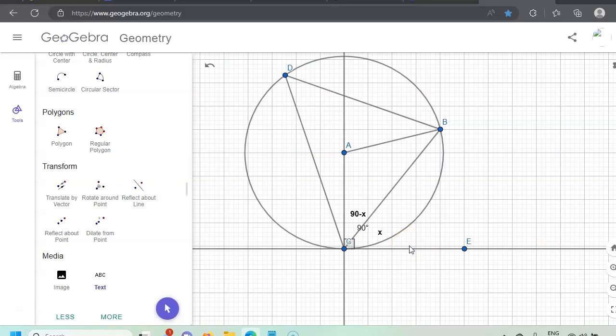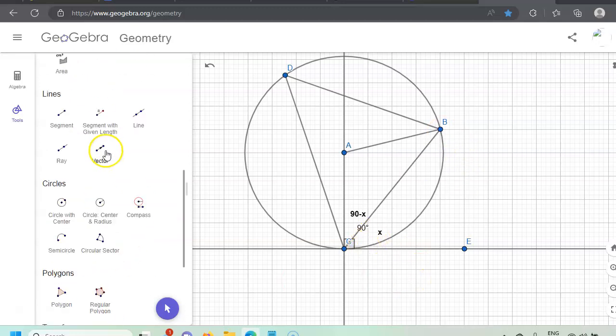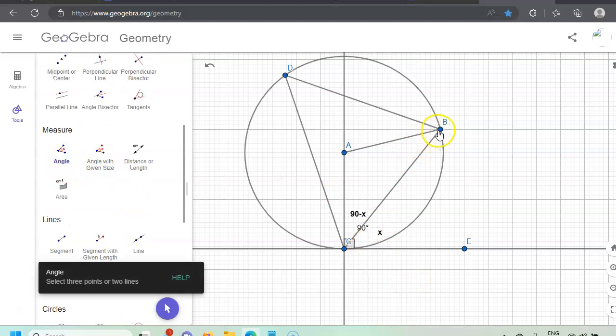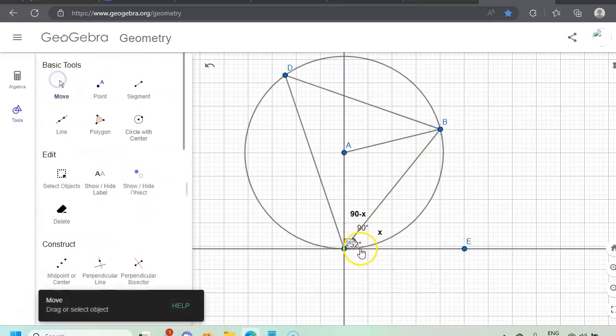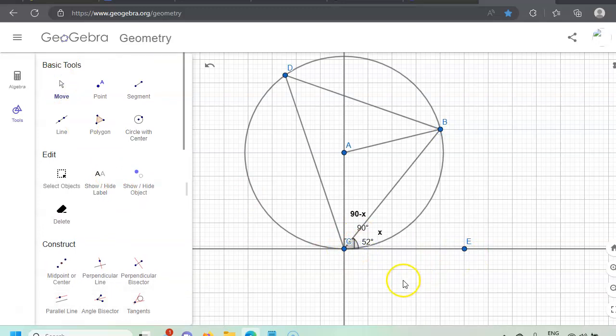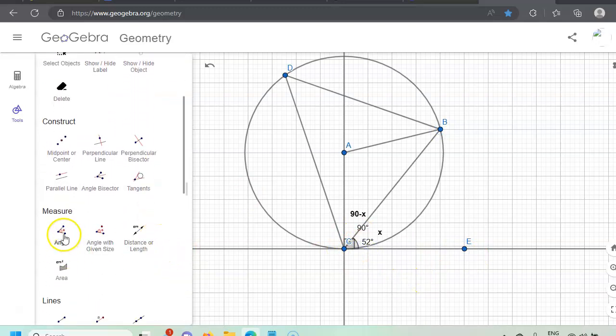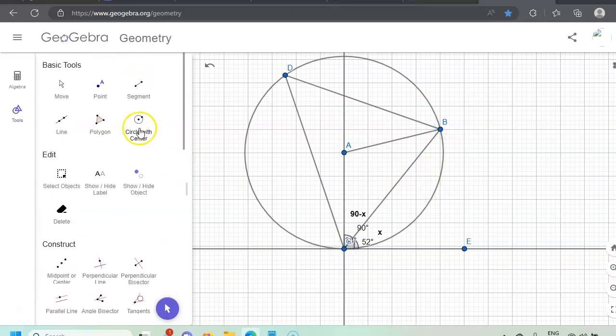Okay, right, so let's measure angle BCE first. Okay, so the measure of angle BCE is 52 degrees. So 90 minus 52, okay, do the math. Alright, so the upper part of the right angle is 38 degrees.